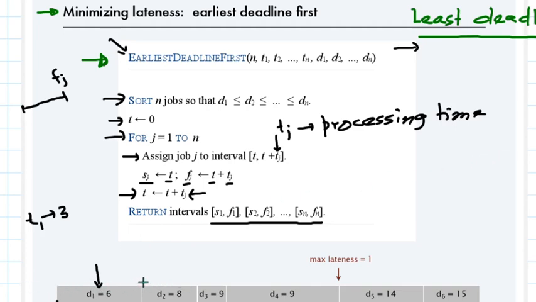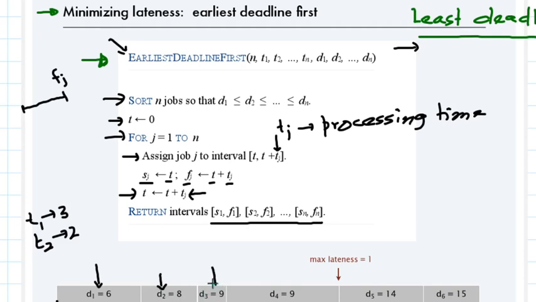We are within the deadline, so no lateness here. Then the next job, whose deadline is 8, is considered, and t is now incremented with t plus tj. So it starts from 3, and its processing time t2 was 2, so 3 to 5. Within 5 days you are completing, but the deadline D2 was 8, so you are on time.